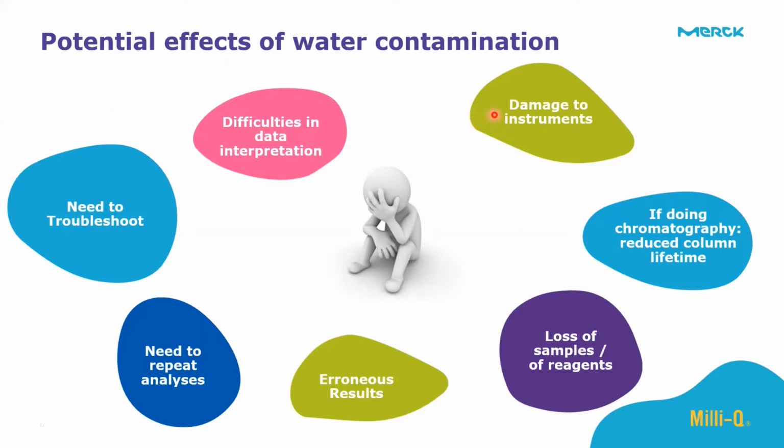For example, if you have particles and colloids in your water, you'll damage, for example, the HPLC injection ports. And when it comes to chromatography, definitely there will be reduced column lifetime because there will be too much organics in the water that will reduce the column lifetime.